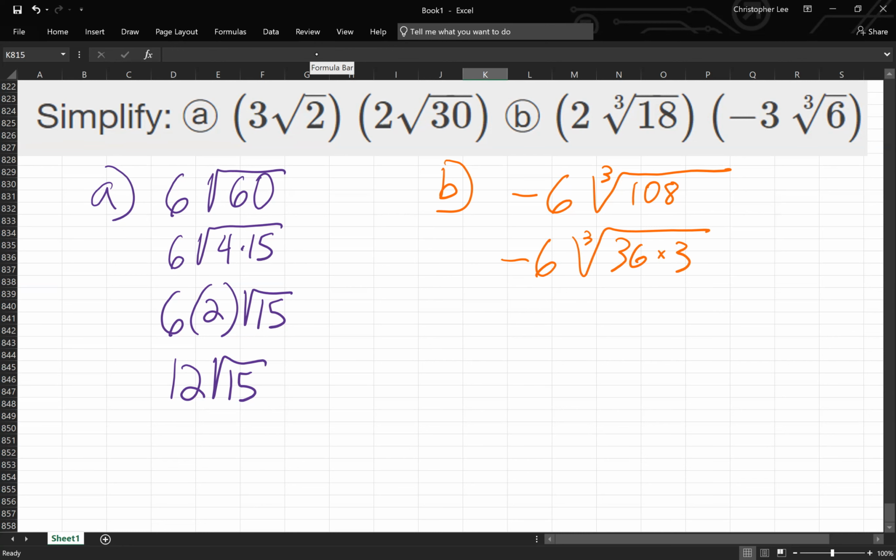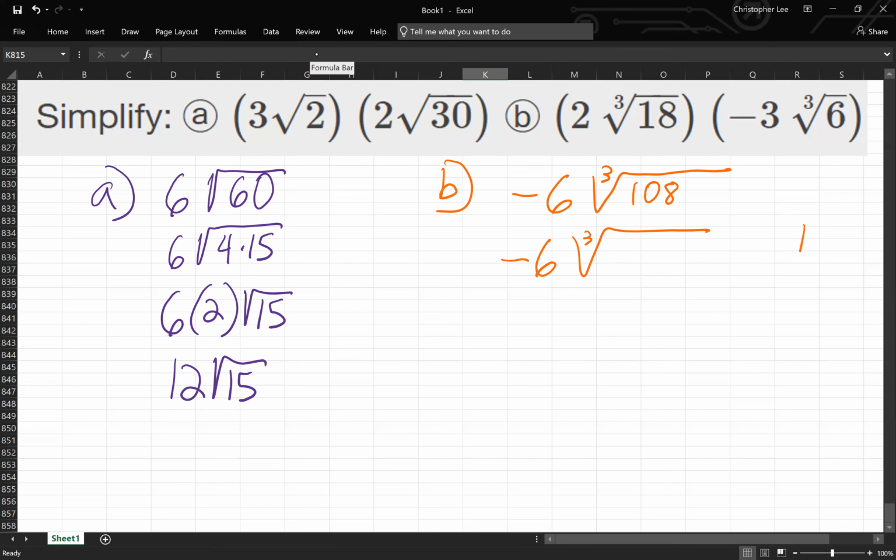What's the cube root of 36 or whatever? It's 12. 12 is a perfect cube. So wait, 18 times 6 is 108? Okay. 9 is not perfect, no.